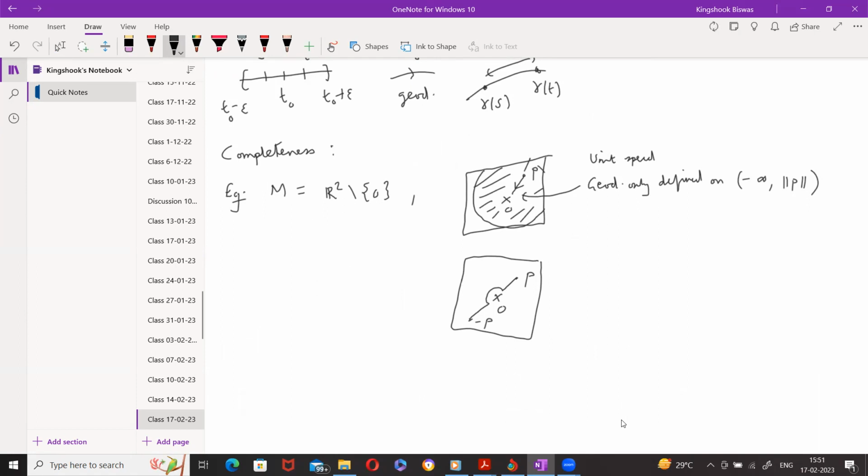These lengths will converge to the infimum of all lengths, but the infimum will not be realized by any curve in the manifold, right? You cannot realize the infimum. So the infimum will not be attained. Whereas in a complete manifold, the infimum will be attained and it will be attained by a geodesic. Okay, so the Hopf-Rinow theorem also includes that statement. Is it clear?